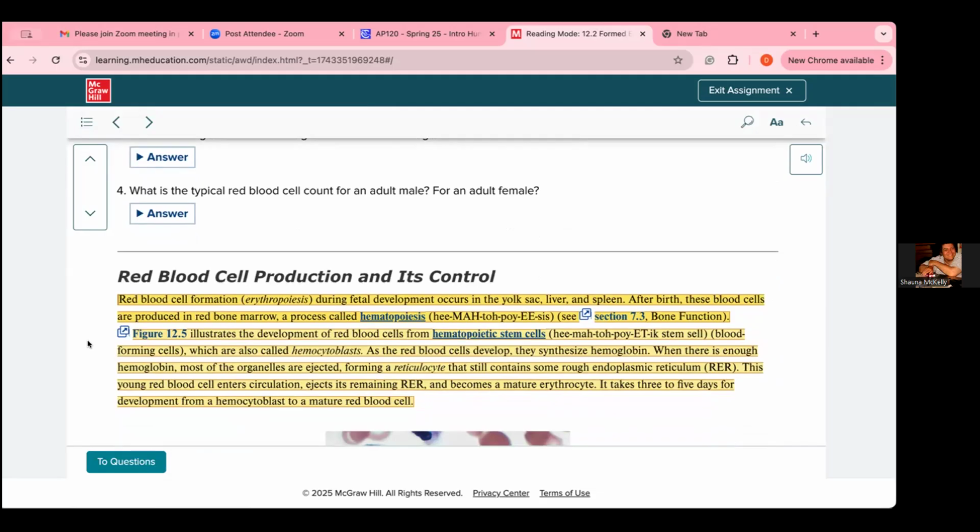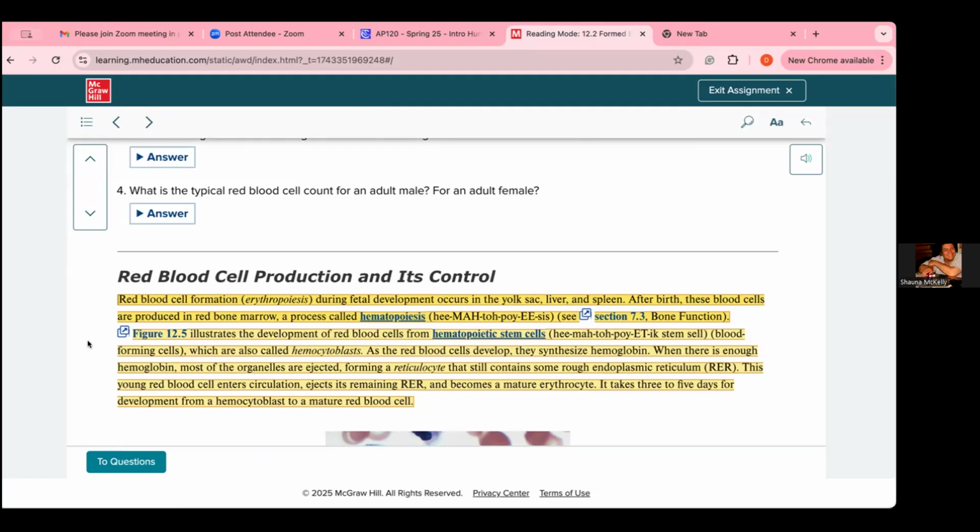As the red blood cells develop, they synthesize hemoglobin. When there's enough hemoglobin, most of the organelles are ejected, forming a reticulocyte that still contains some rough endoplasmic reticulum. Okay, this is what we read before. That gets ejected, and when that immature endoplasmic reticulum is pushed out, then you end up with a mature blood cell.